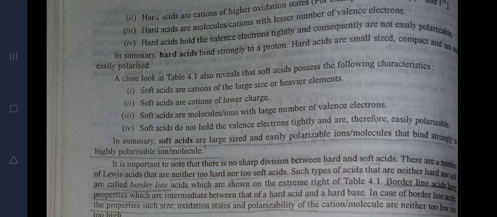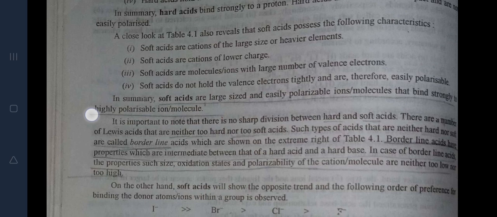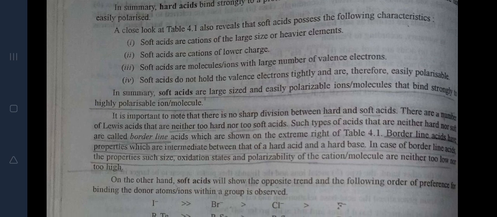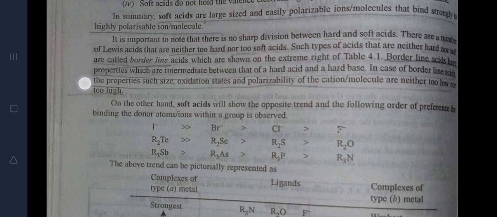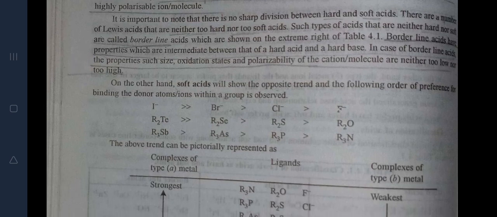Borderline acids have properties which are intermediate between those of a hard acid and a soft acid. In the case of borderline acids, properties such as size, oxidation state, and polarizability of the cation or molecule are neither too low nor too high. Soft acids, on the other hand, show the opposite trends. The following order of preference for binding the donor atoms within a group is observed.